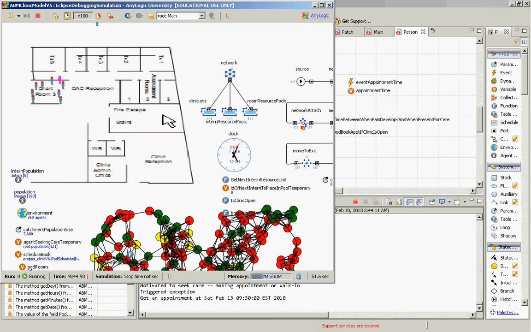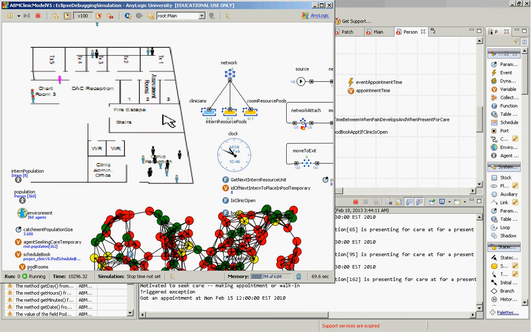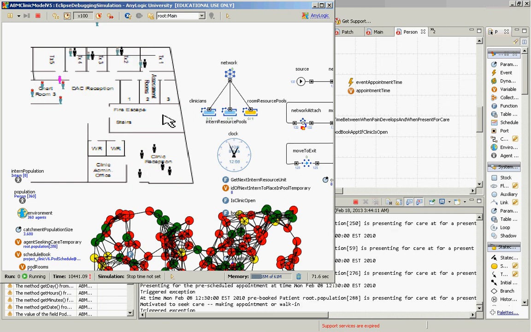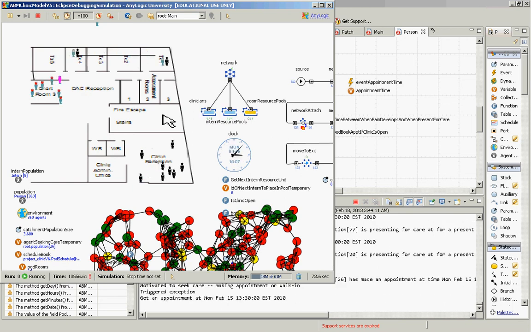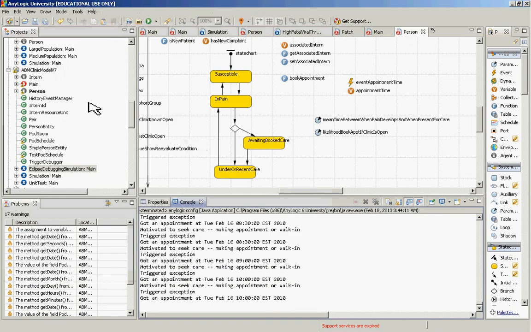For example, getting people through the system more quickly at the cost of lower quality will end up being blown back to you, because people will re-present for care sooner, and it won't in the end lower the burden in terms of the number of patients that you're seeing. In fact, it could lead to situations where patients end up going to other facilities. So this is a situation of mixed agent-based and discrete event modeling.